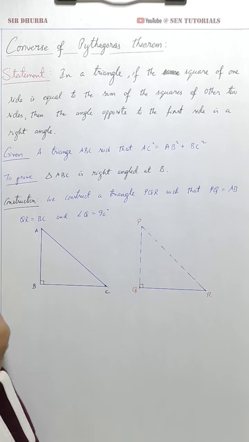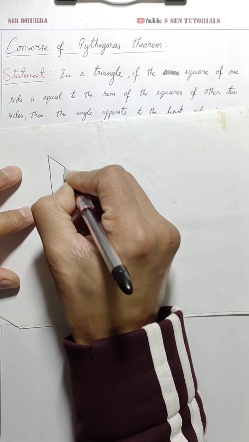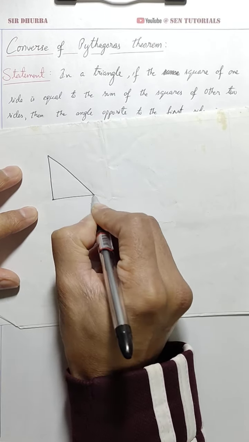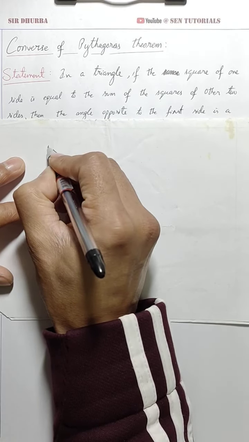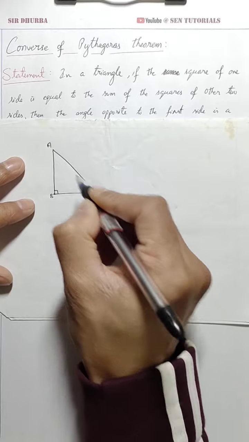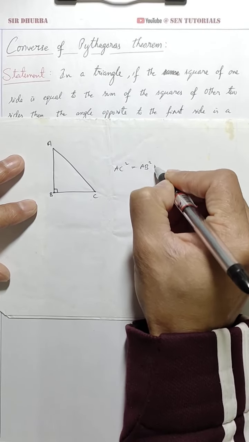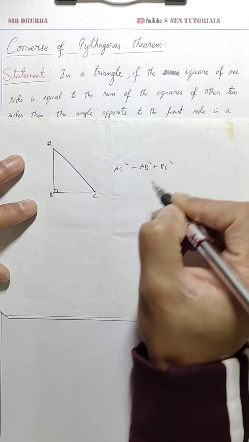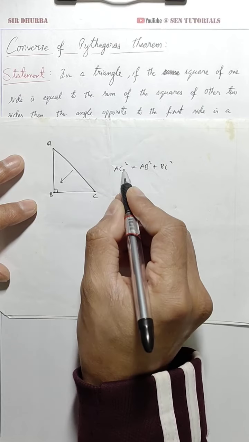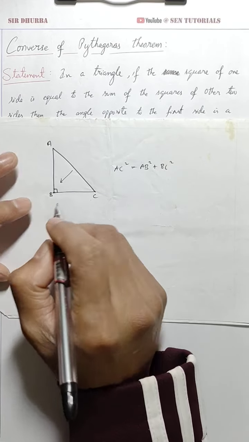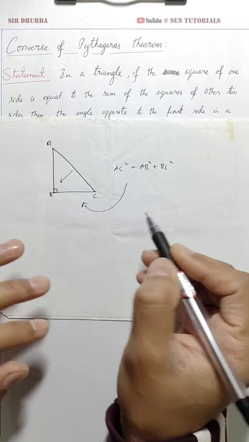What was proved was that if we have a right angled triangle, then the square of the longest side will be equal to the sum of the squares of the two shorter sides, and the angle opposite to the longest side is always 90 degrees. Now what will happen is just the reverse. That's why it's called converse.